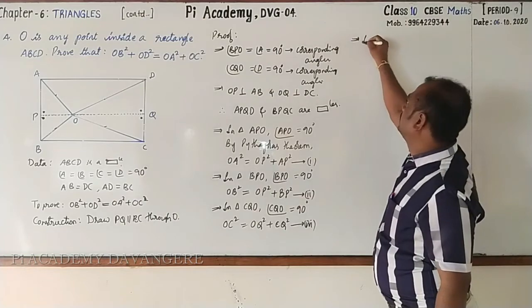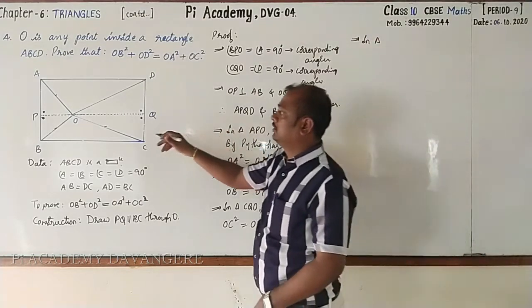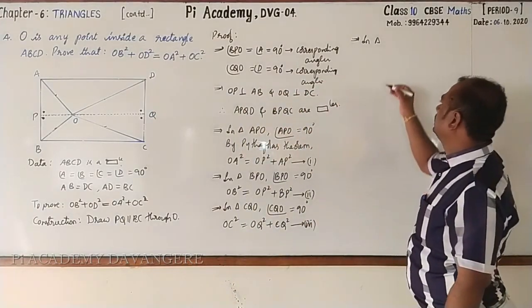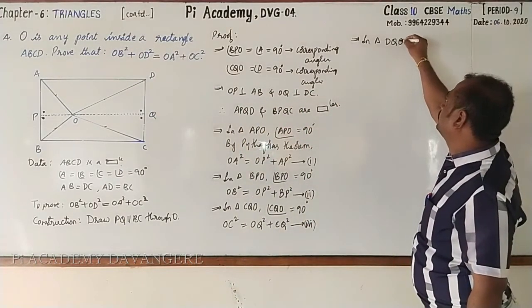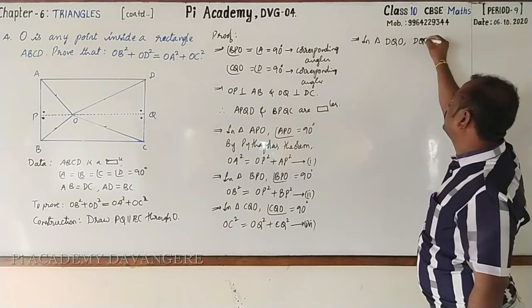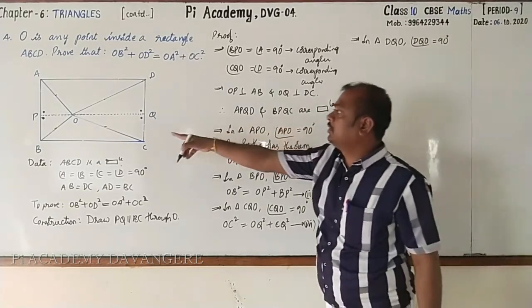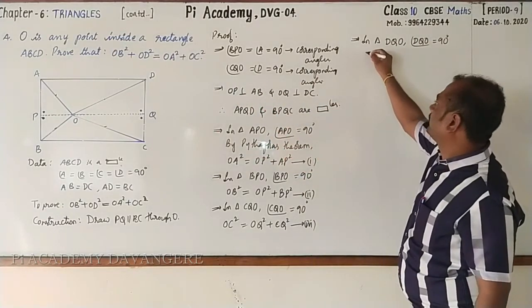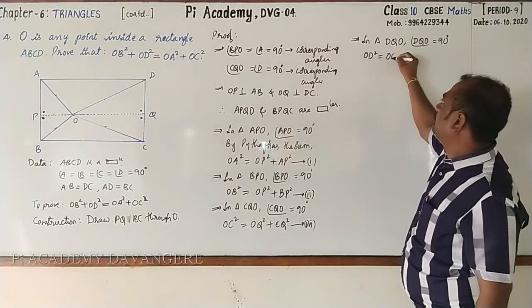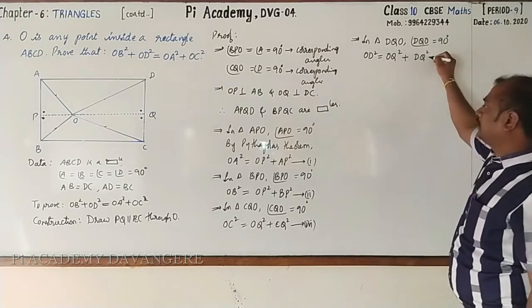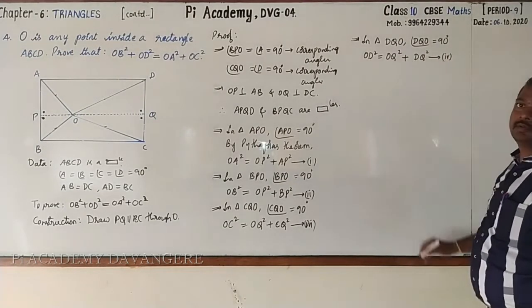Next, in triangle DQO, fourth triangle, angle DQO is 90 degree. By Pythagoras theorem, OD square equal to OQ square plus DQ square. Call it as statement 4.